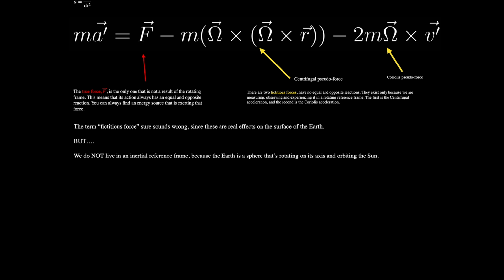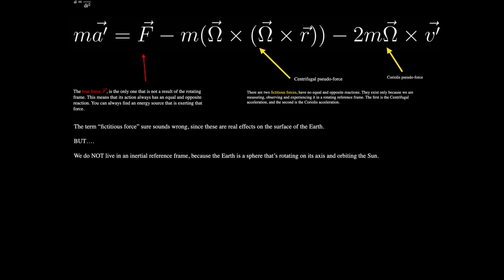And so the Earth's rotation on its axis is the omega that we're talking about. But if you're on the surface of a sphere, then you have to take into account where you are, latitude and so forth. That's why it's a vector.